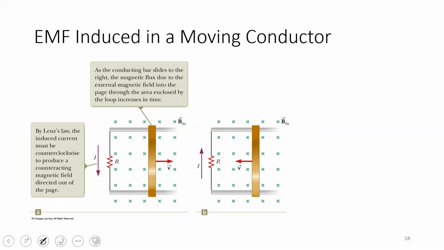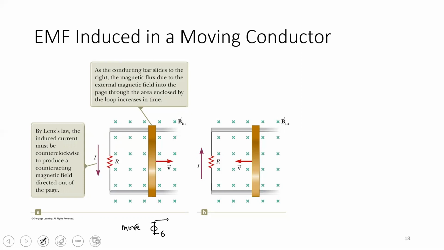Okay, so our EMF induced in a moving conductor, we can look at what happens when we go to a bigger area, like what was just in my previous example, or what happens when we go to a smaller area. So by Lenz's law, the induced current has to be in a direction to oppose the change. So if we are moving to the right, we are increasing the area, and we are giving ourselves more flux through our current loop.